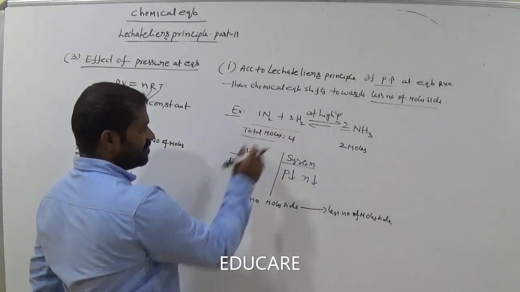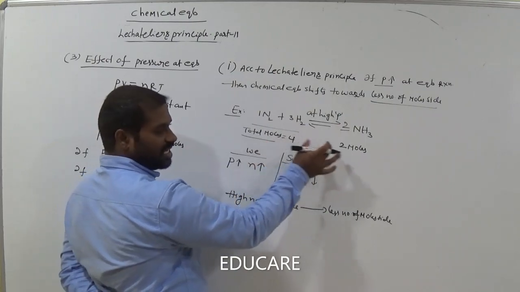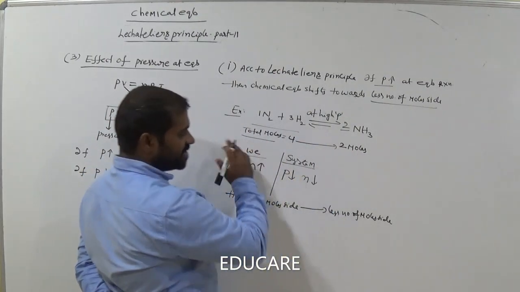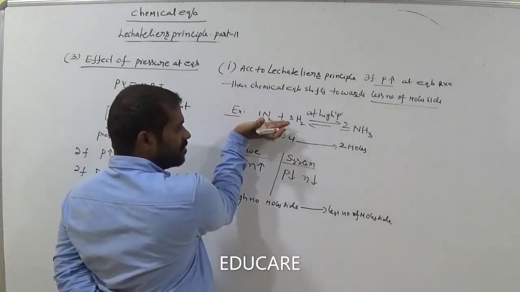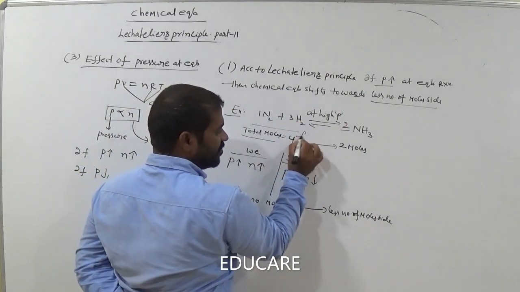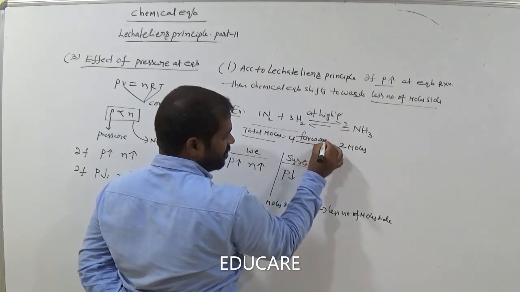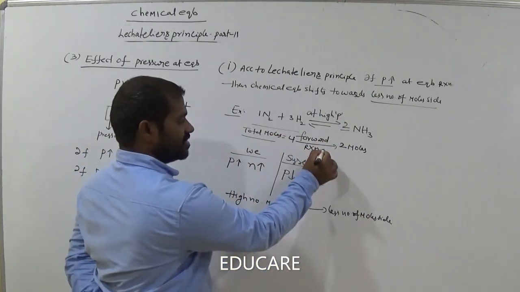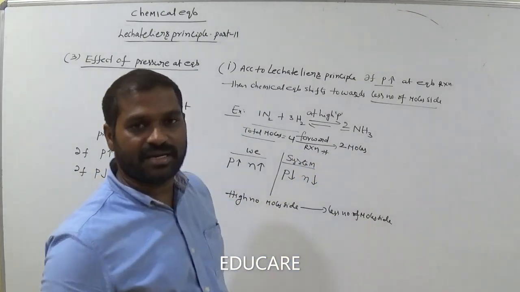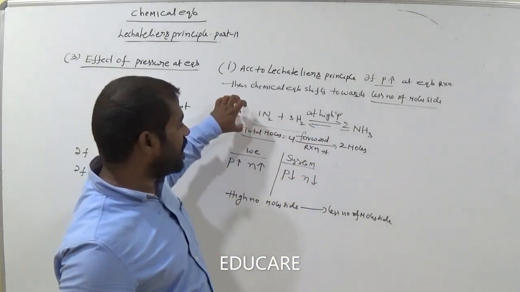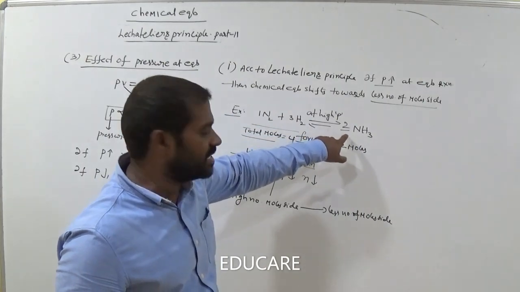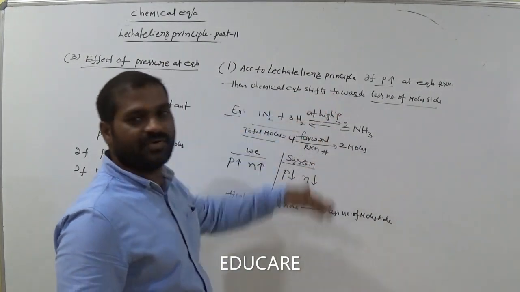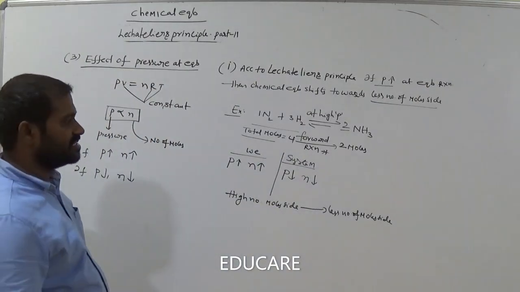When we apply high pressure, the number of moles increases, and the system tries to move to the less number of moles side. In which direction is it? From high number of moles to less number of moles, clearly the forward reaction takes place. Remember this. At high pressure the equilibrium position shifts towards the less number of moles side. Here we have 4, here it is 2. Is it clear?